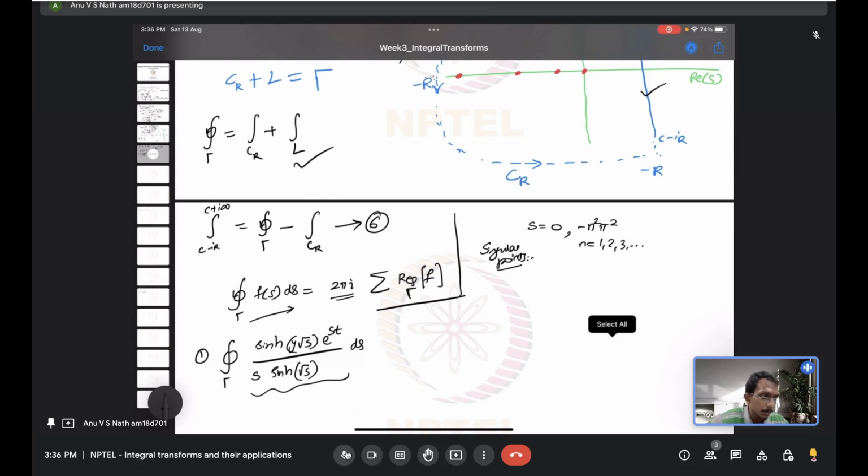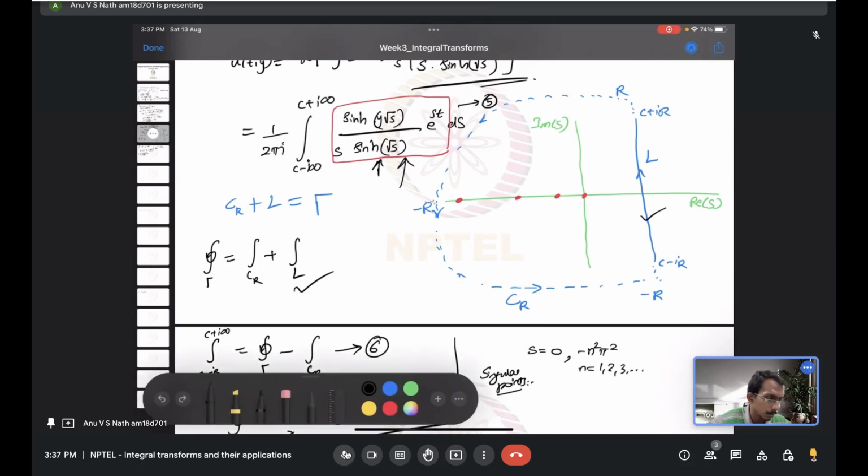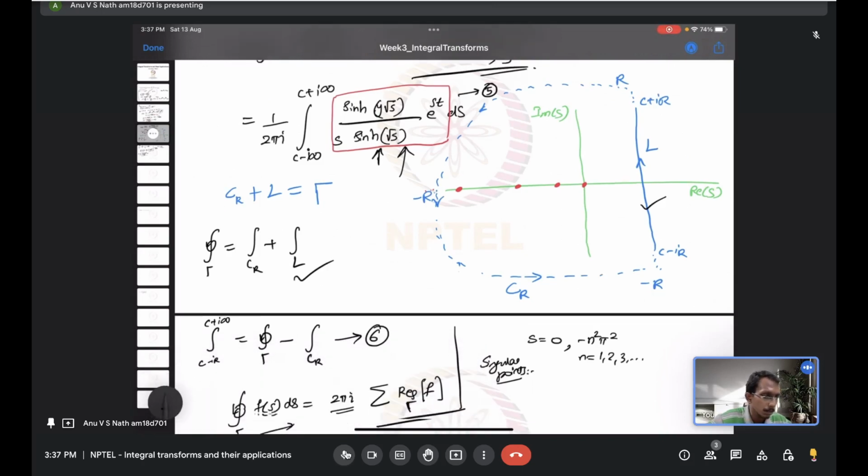So what will happen is that the one sitting on the numerator will create a branch cut, but the one sitting on the denominator will cancel that. So between two of these points there can be a branch cut that one of the square roots will create, the other will cancel it, so that overall we don't see any branch cut across any of these singular points.